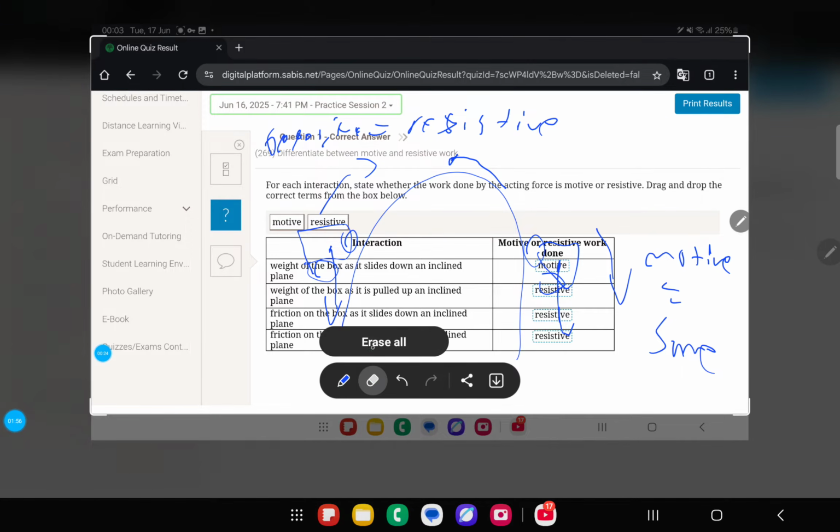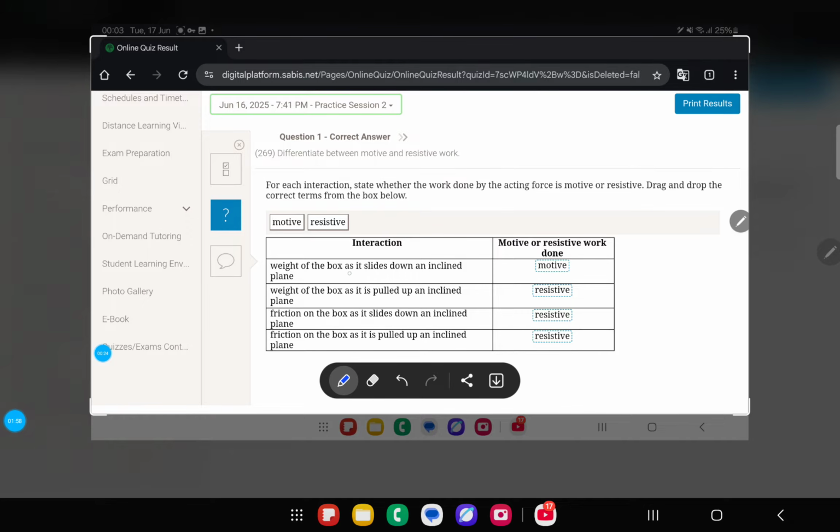That's it. Now for this, weight of the book as it slides down, so it's motive as it goes down. And then as it is pulled up, it's resistive because weight is down while it's pulled up, so opposite directions. Now for these two, whenever you see friction, whether it goes up or down, it will always be resistive.